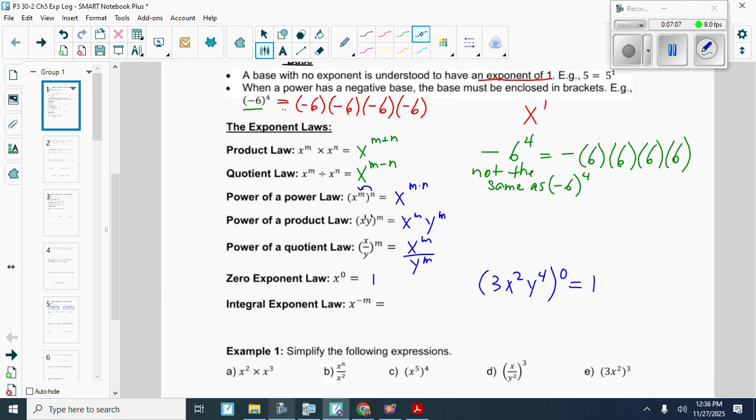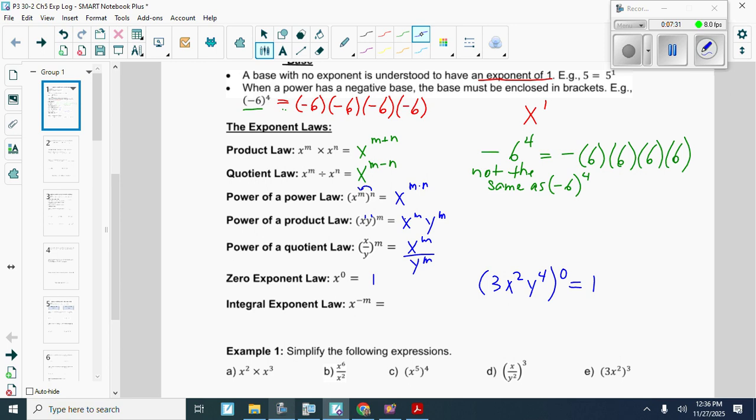Our final one here, what do negative exponents mean? Anybody remember that? Negative exponent. Okay, thank you. It's been a while, hasn't it? A negative exponent just means that you take the base and you flip the base. You write the reciprocal of the base.